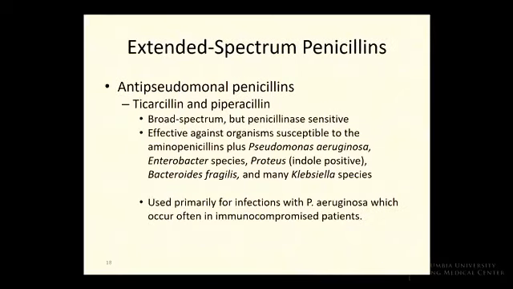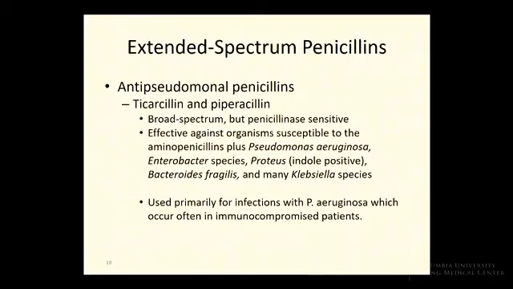And then the extended spectrum penicillins, so the spectrum is even broader or even wider than the broad spectrum. The anti-pseudomonal penicillins include ticarcillin, piperacillin. Okay. So they have a broader spectrum, but they are penicillinase sensitive. Okay. So that's definitely something to keep in mind.